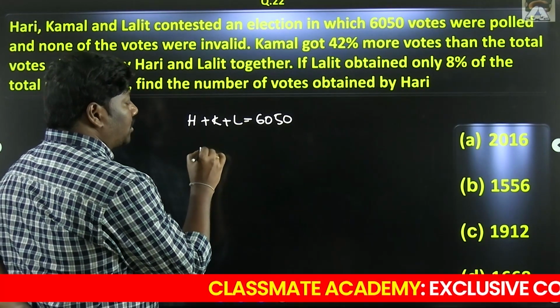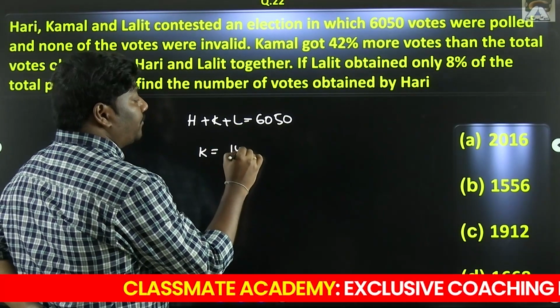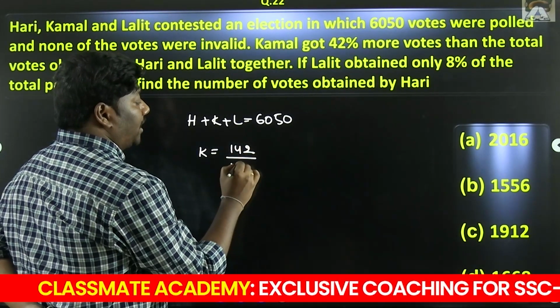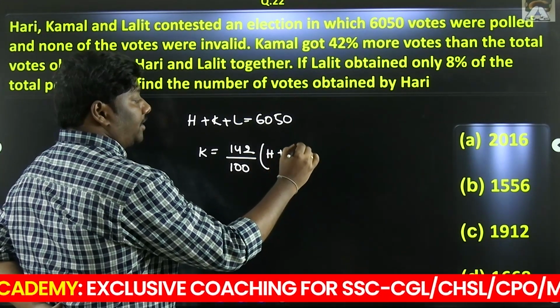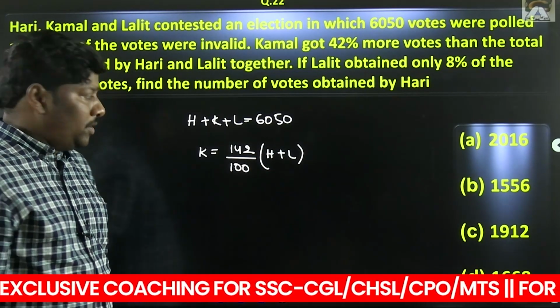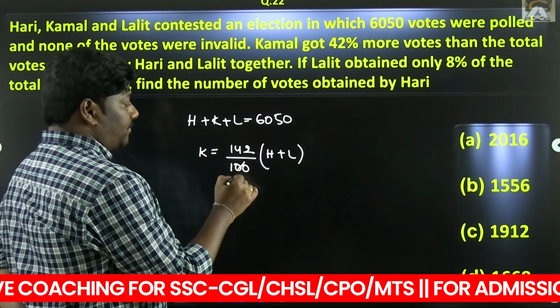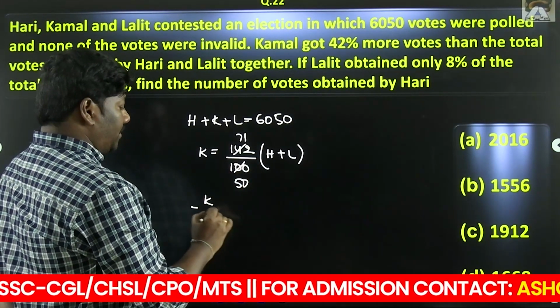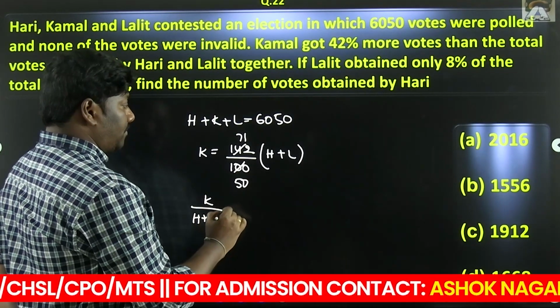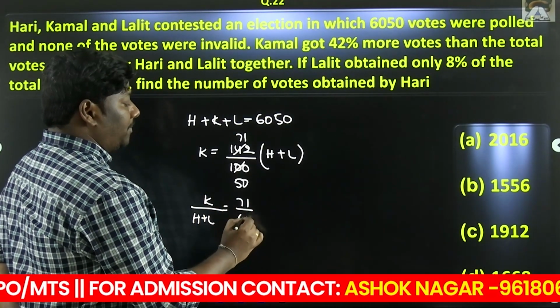So Kamal's votes are 142 by 100 of Hari and Lalit. You can simply cancel it. This is 50, this is 71. What is the ratio? Kamal to Hari plus Lalit.